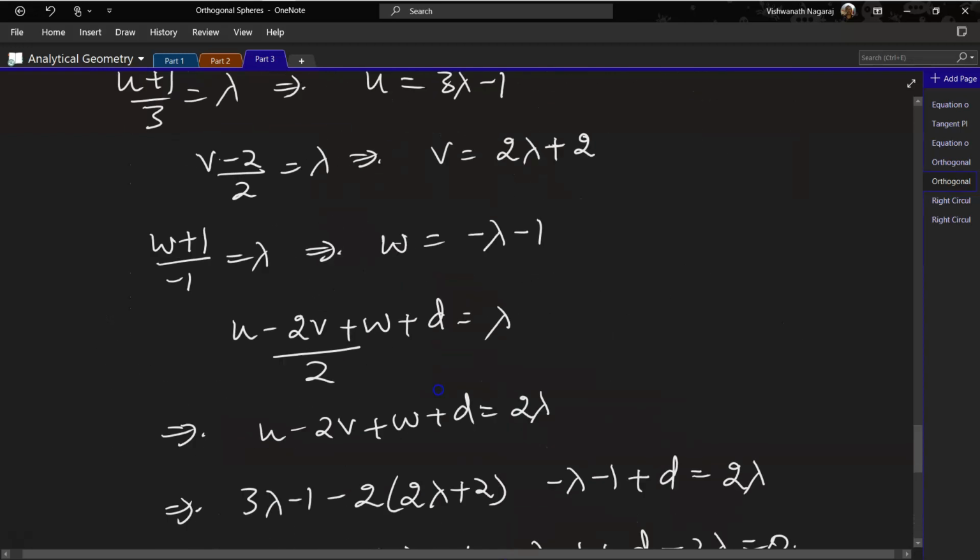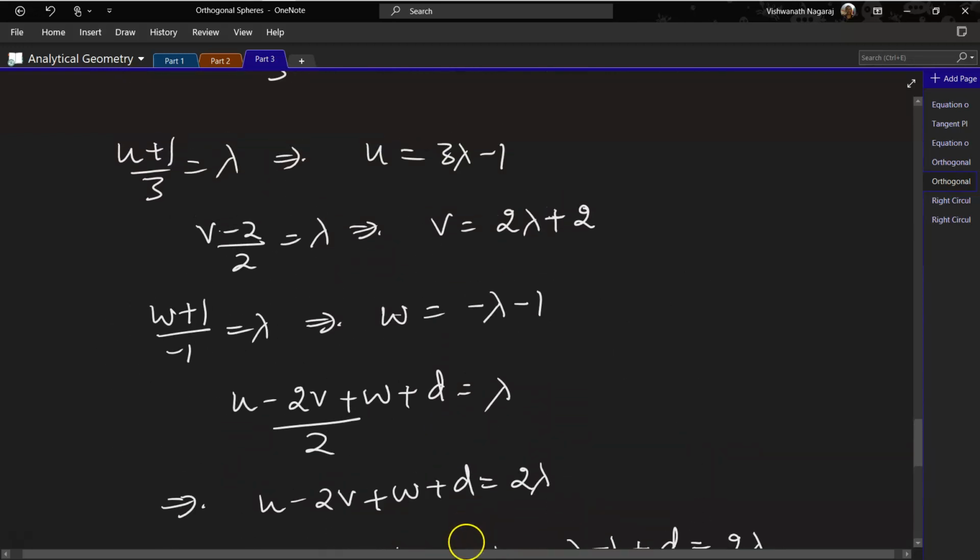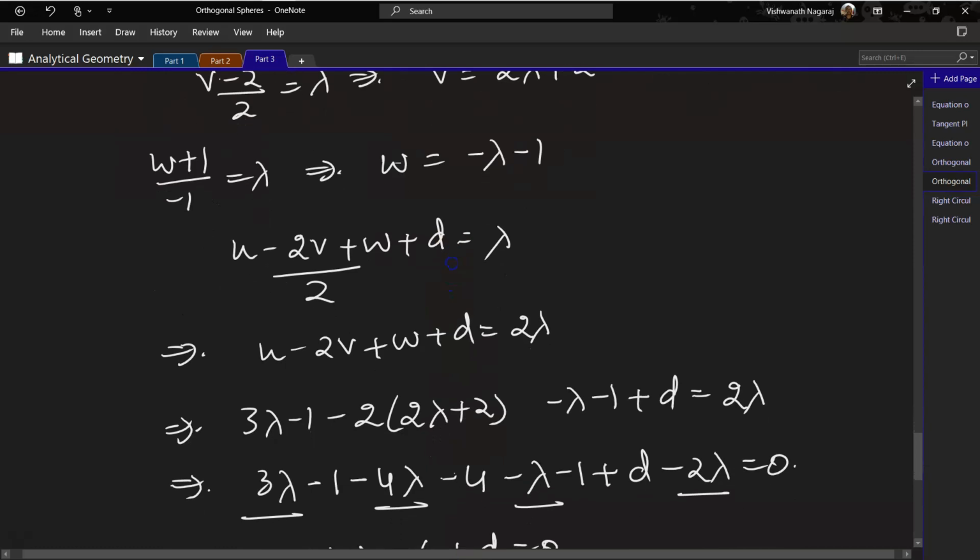2u, remember, we have already found u is 3 lambda minus 1.